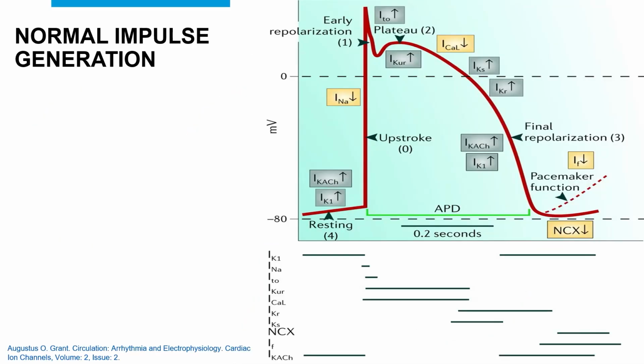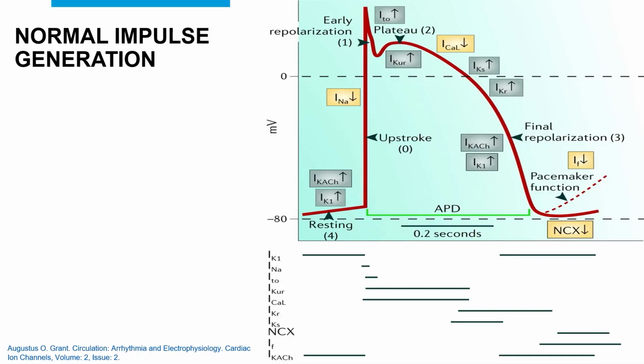So we're going to start off with the basic action potential that you all know. With the resting potential, the myocyte is at about negative 80 millivolts. This is maintained by your potassium channels chiefly, and then the initial upstroke, your phase 0, is driven by your sodium influx into the cells. This Ito, this transient outward current, governed predominantly by potassium, is going to initiate that first part of repolarization.